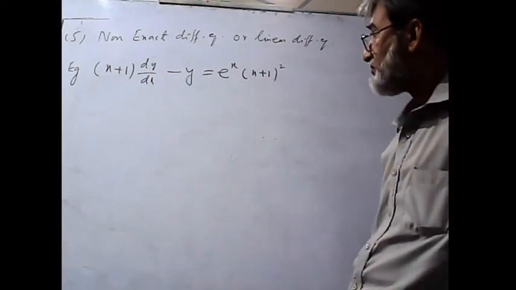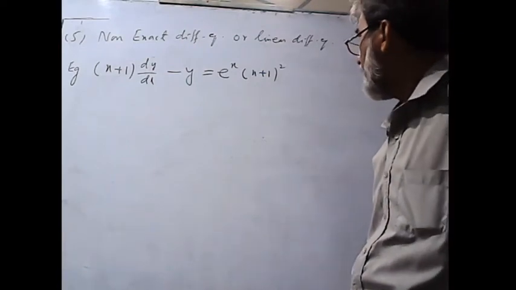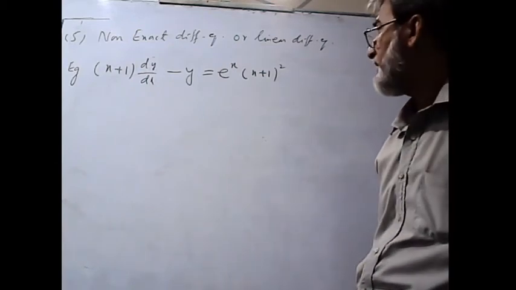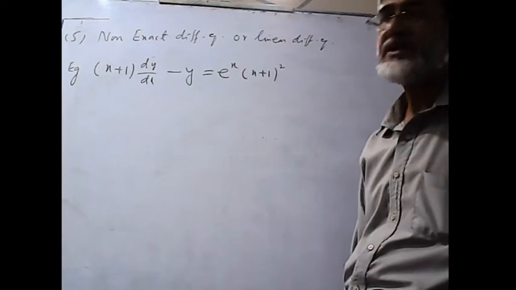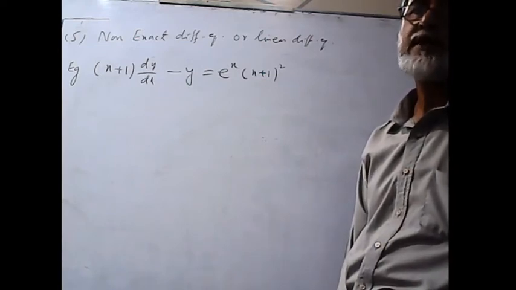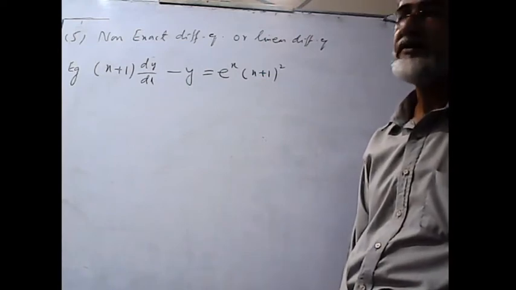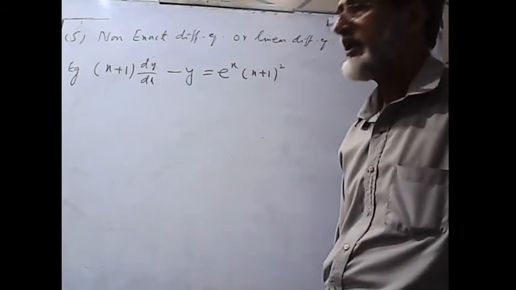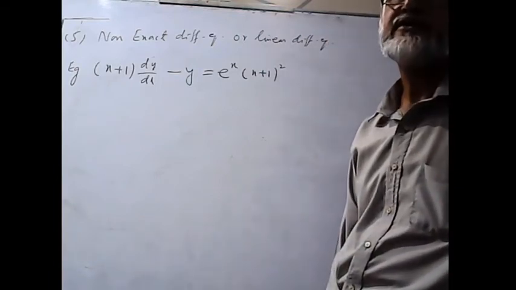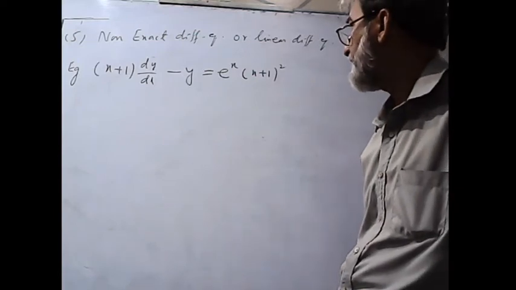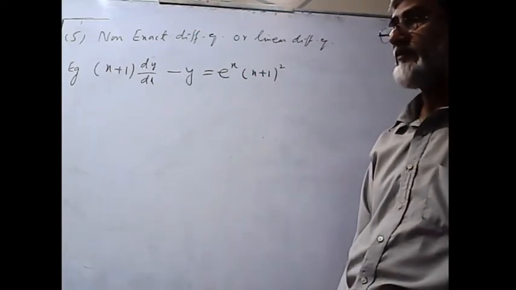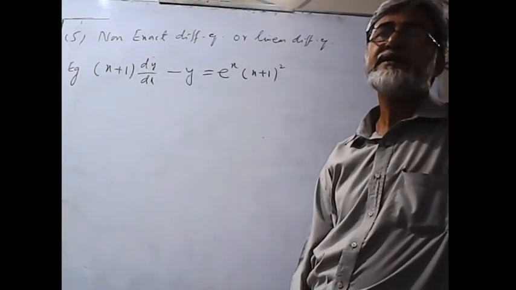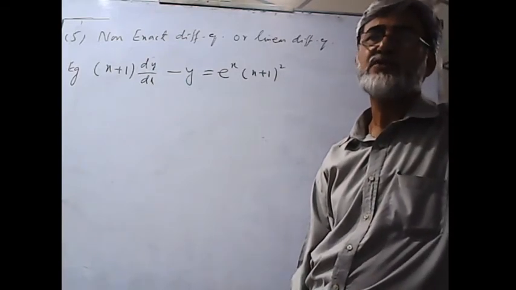Now we follow form number 4, in which the exact situation is satisfied. First consider the terms that are the multiplier of dx and the terms that are the multiplier of dy, so that you can find capital M and N, and then check the exactness.